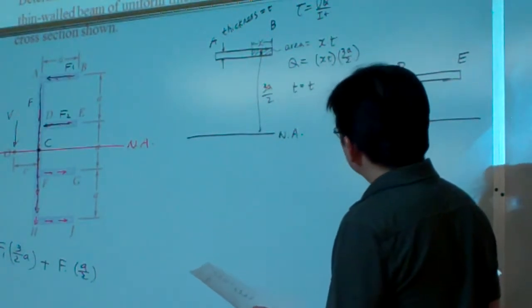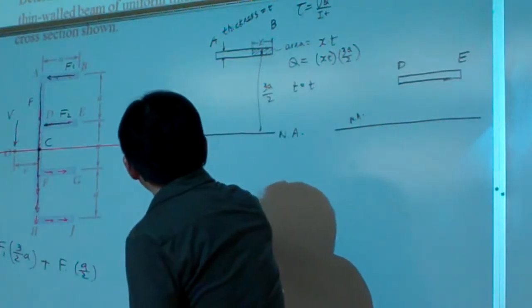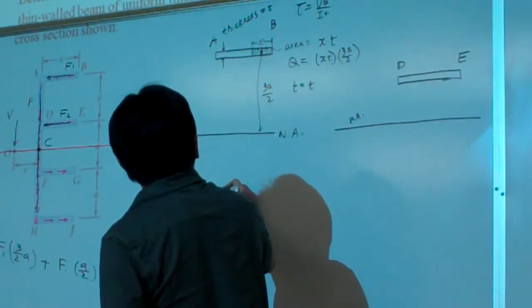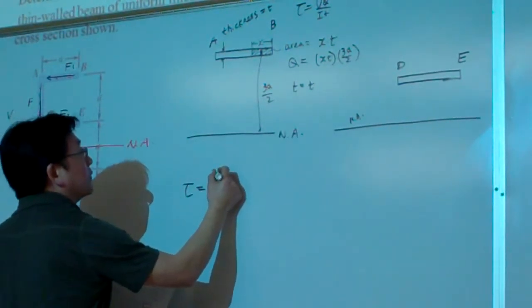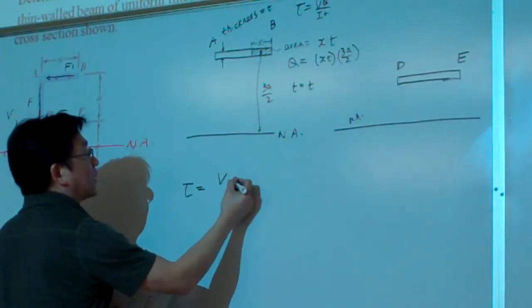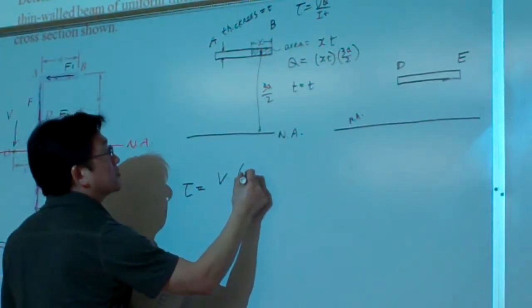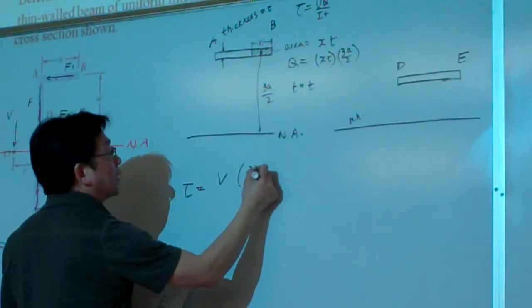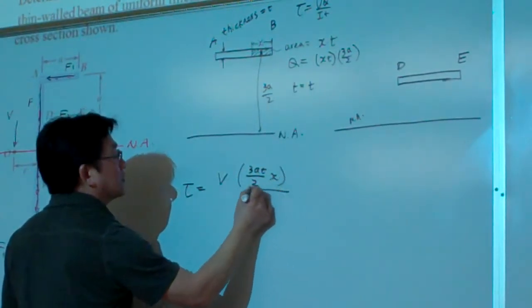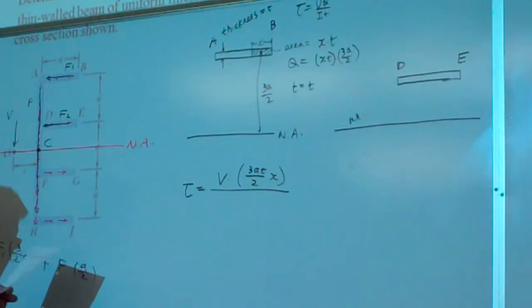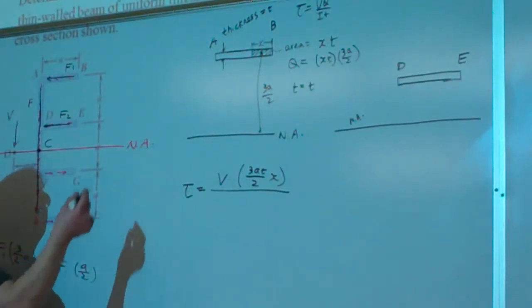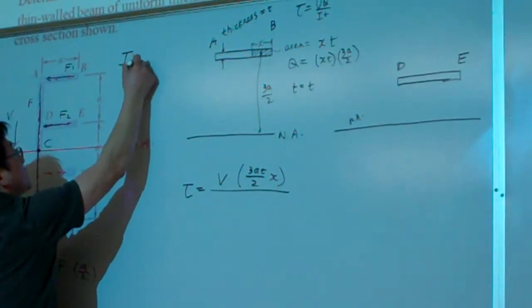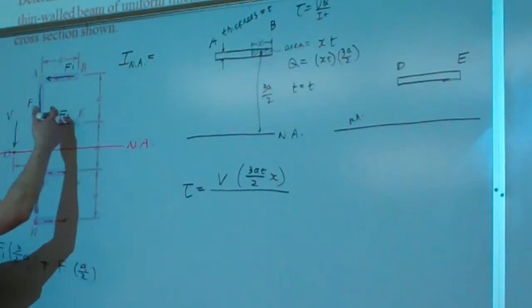Therefore tau will be equal to VQ over It. V times 3a t x, and what is I? Let me calculate the I for the entire cross section about the neutral axis.